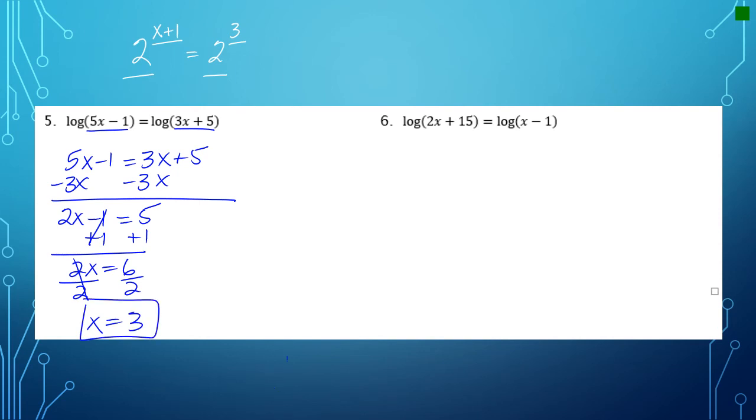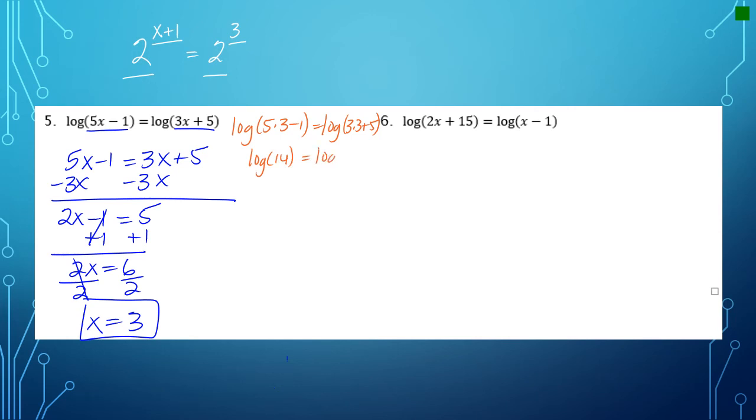Now again, we have to plug these numbers in and make sure that they not only work on both sides, but that they aren't giving us an extraneous solution. So if I plugged in 3, so 5 times 3 minus 1, and then I have to see if that works with 3 times 3 plus 5. So 5 times 3 minus 1, that would be 15 minus 1, or 14.